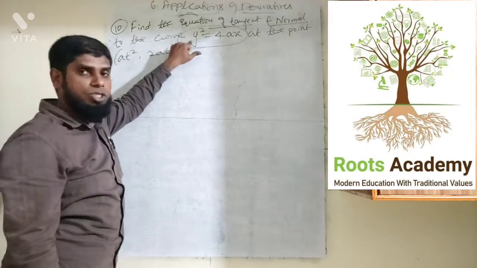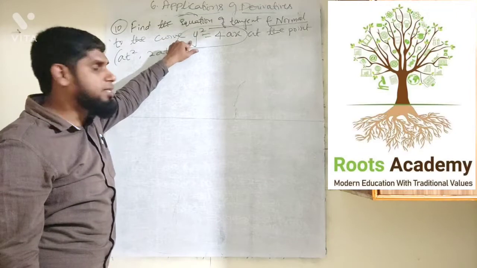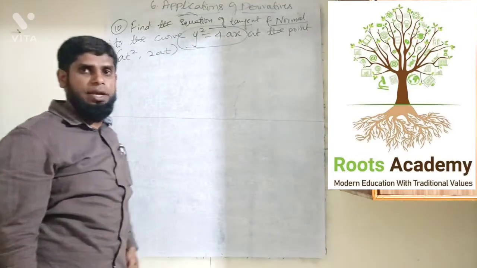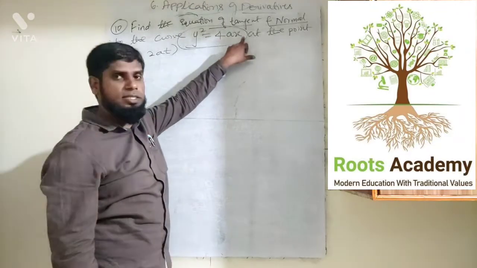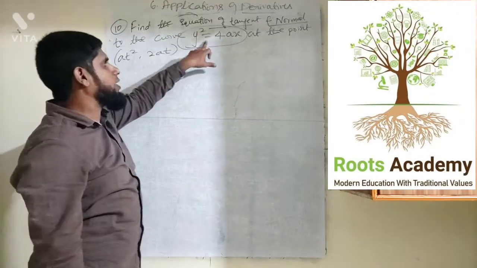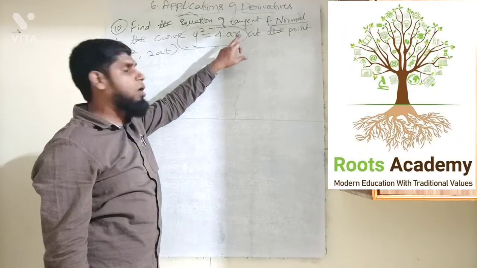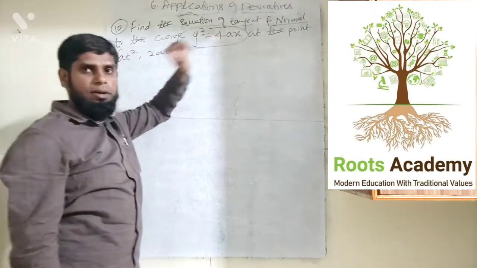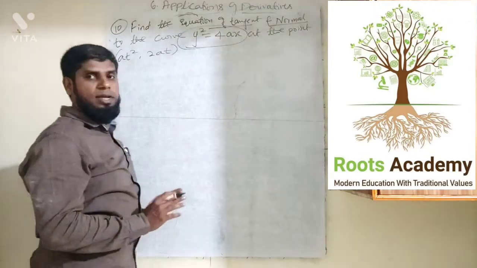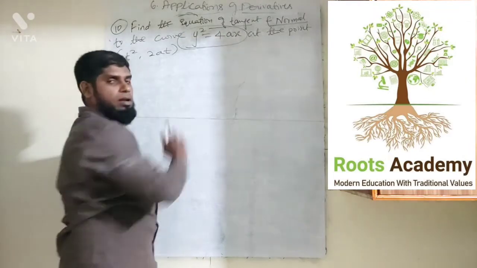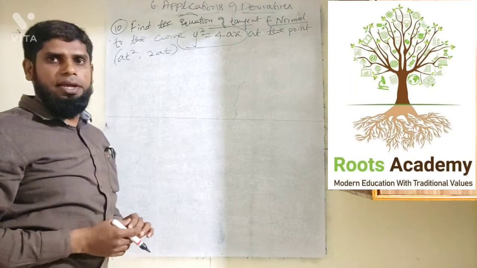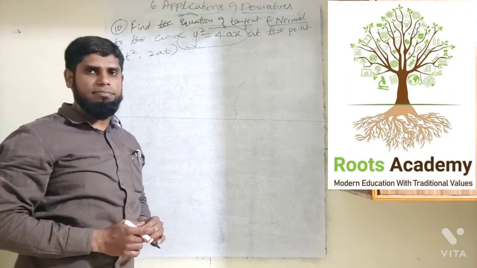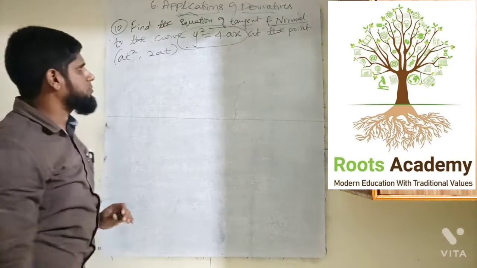If y has the square, then we can declare this as a parabola on x-axis. If the square is for x, then we will declare the curve as a parabola on y-axis. But just remember one thing, that among the two variables, if any one variable is having square, then definitely that curve is called a parabola curve.